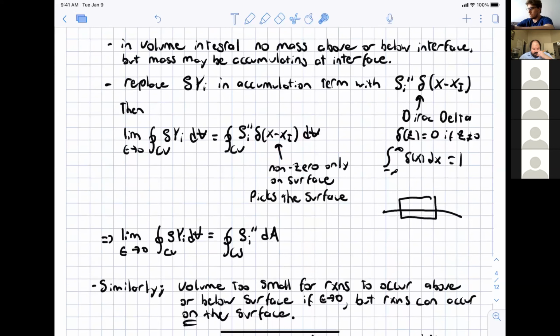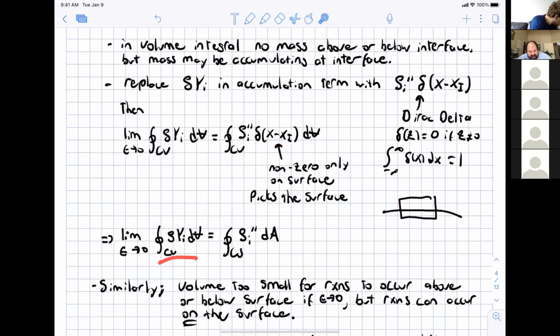So this means that the limit of the volume integral of rho y_i, as epsilon goes to 0, as we make these sides go to 0, only removes the portion of the control volume where the Dirac delta function is exactly 0.